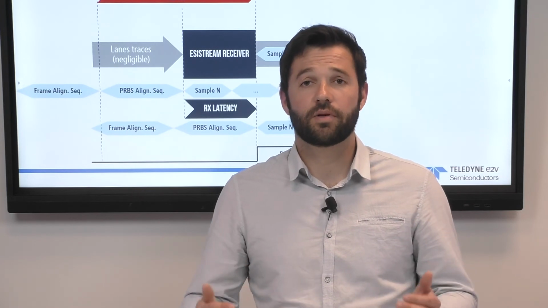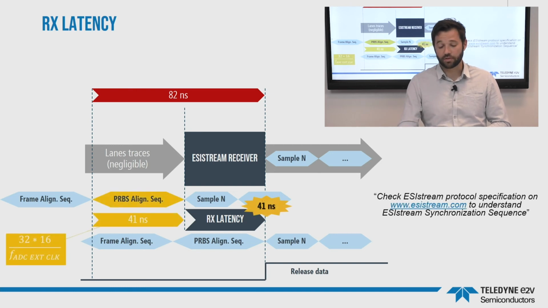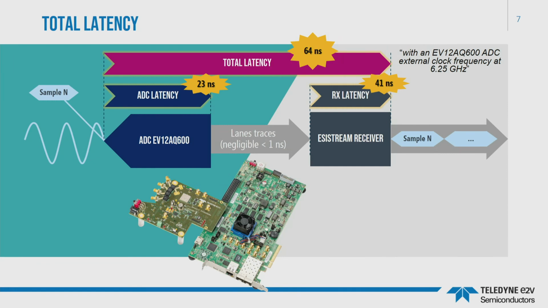To get the ESIstream receiver latency, we must subtract the PRBS alignment sequence time, which gives an ESIstream receiver total link latency of 41 nanoseconds. So, the total link latency is 64 nanoseconds. By optimizing the output buffer implementation of the receiver, it is still possible to reduce this number even more.